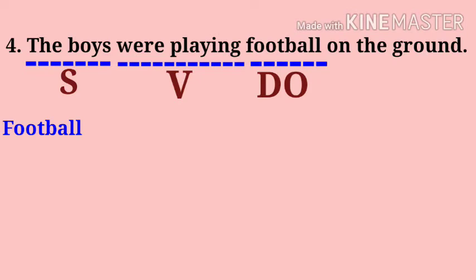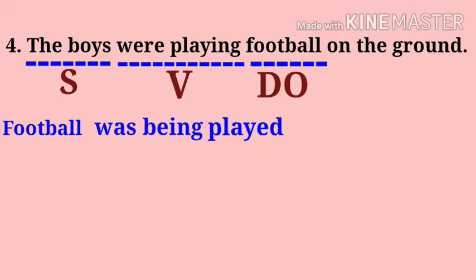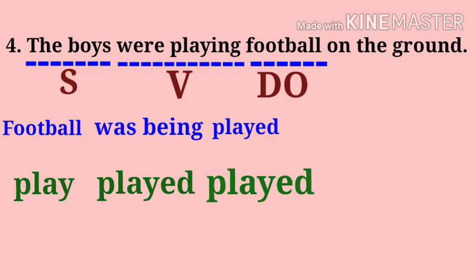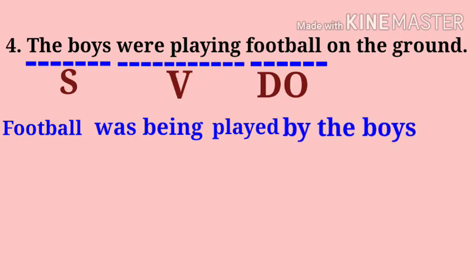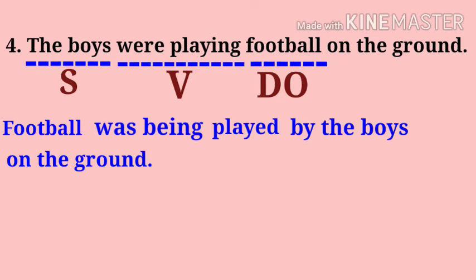If you are familiar with the chart of the auxiliary verbs, you will notice that if past continuous tense is there, which auxiliary do you have to use? See, was being. So the answer is, football was being played. See the three forms: play, played, played. Football was being played by the boys on the ground.